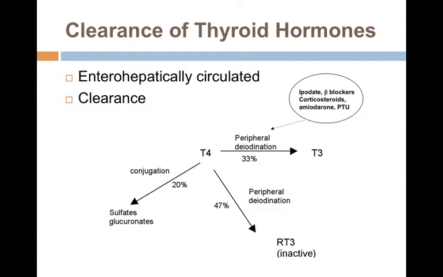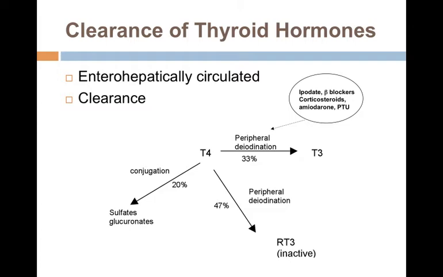Also note that I've put that beta blockers, corticosteroids, amiodarone, and PTU can all inhibit the peripheral deiodination, or the activation from T4 to T3. So in order for T4 to be activated, it has to be deiodinated, as you know. Beta blockers, corticosteroids, amiodarone, PTU, and ipodate can all block that from happening.